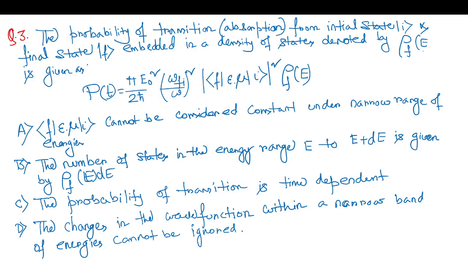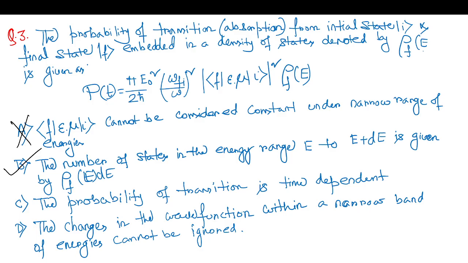The option given says that the transition dipole moment integral cannot be considered constant. That is a wrong answer. Option B says that the number of states in the range E and E plus dE is given as rho F dE. That is correct.